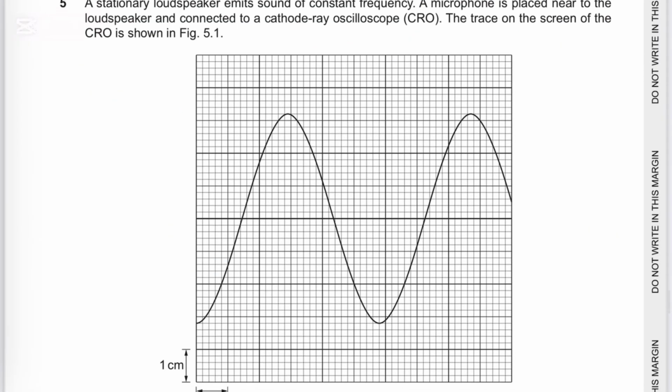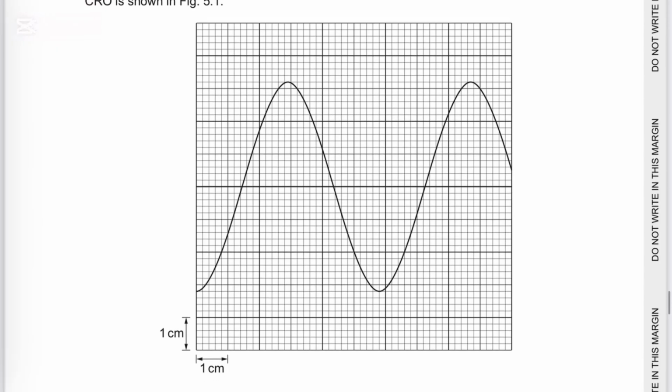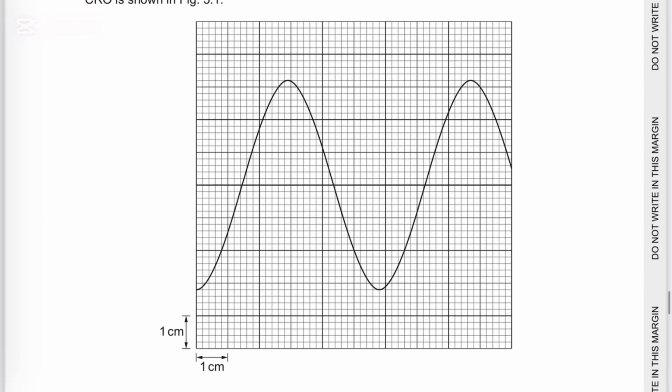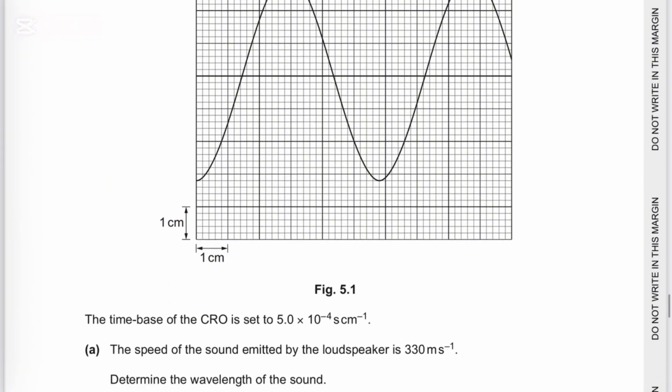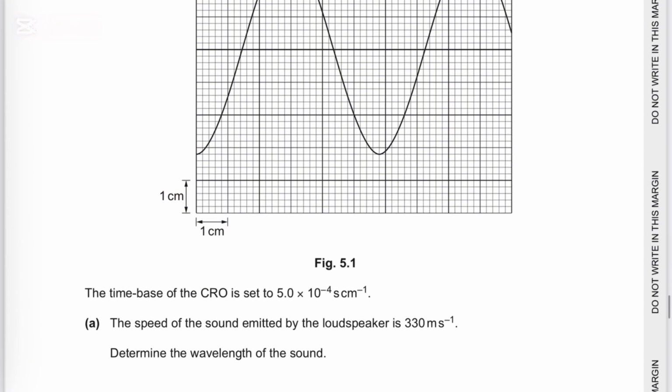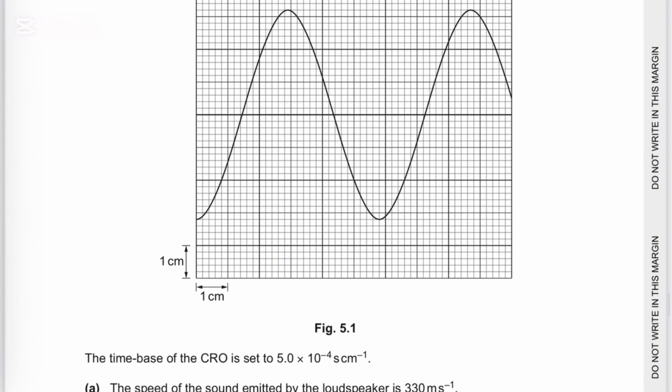A stationary loudspeaker emits sound of constant frequency, where a microphone is placed near the loudspeaker and connected to a cathode ray oscilloscope, and the screen from this CRO is shown in figure 5.1. The time base of the CRO is set to 5 times 10 raised to negative 4 seconds per centimeter.